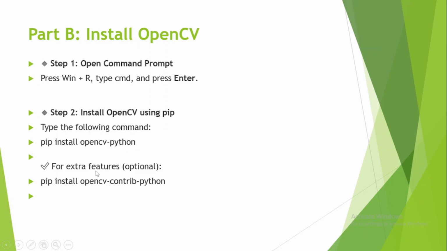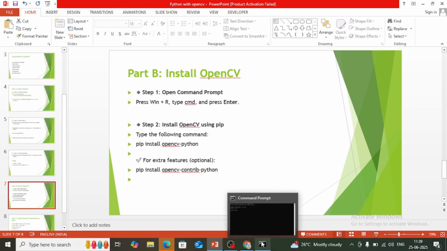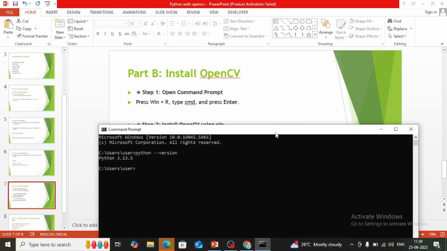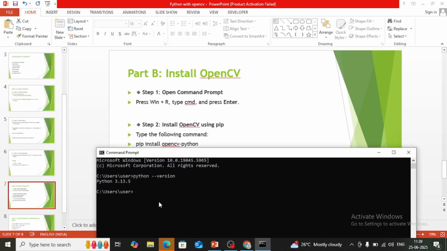Or if you need some extra features of OpenCV, then you can install it with the command pip install opencv-contrib-python. Here we are going to install the simple version of OpenCV.